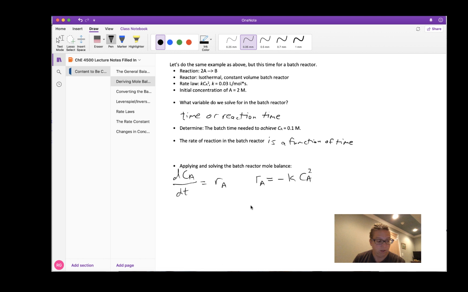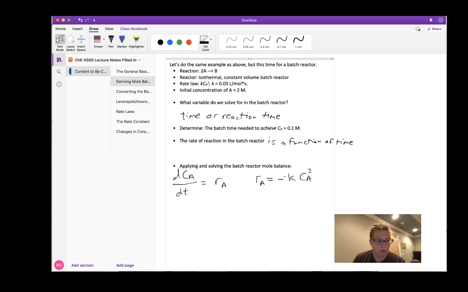And this makes sense. This is a time derivative, so it tells me how the concentration of A is changing with time. A is a reactant, so the concentration should be getting smaller with time. That means this derivative should be negative. So the rate of change of the concentration of A is negative, and so we put this negative sign here.